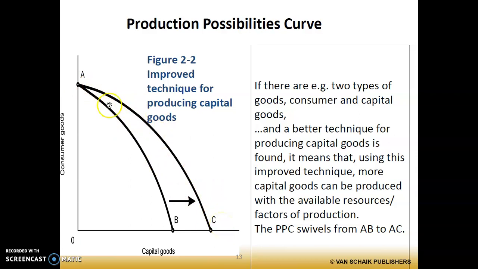Except at point A, it is now possible to produce more capital goods and more consumer goods than before. The PPC swivels from AB to AC.